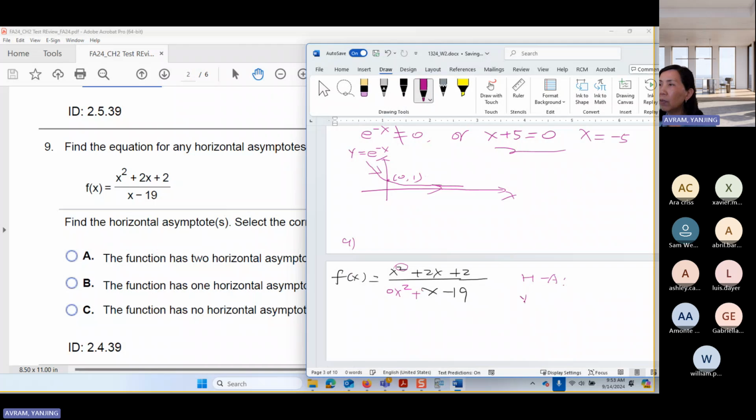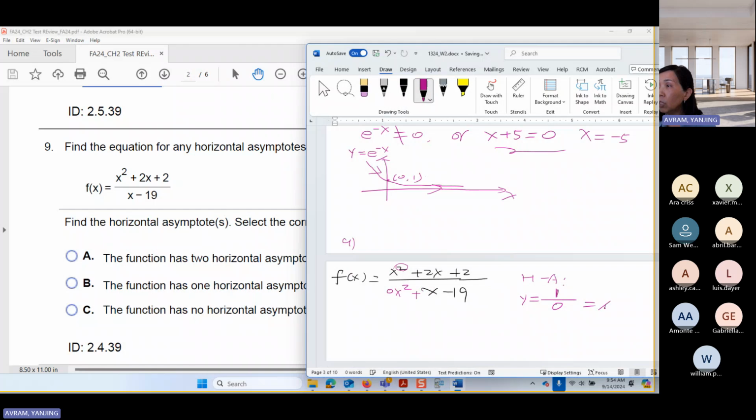Then I can find my horizontal asymptote using the coefficient of the highest degree, which is x squared, divided by this one. Even though I don't have an x squared in the denominator, I can make up a 0 x squared to get the same degree while still not changing the value.